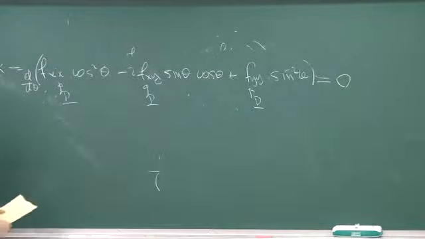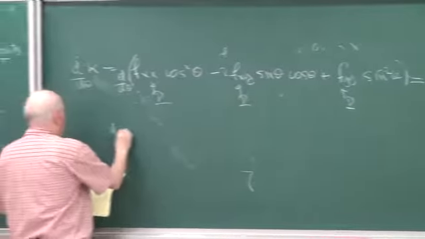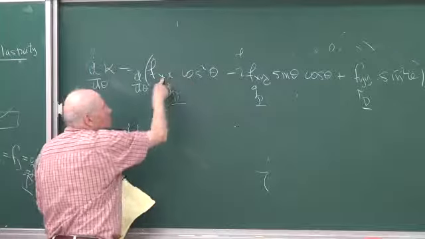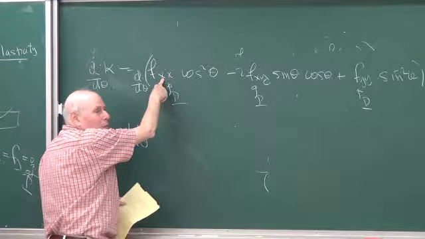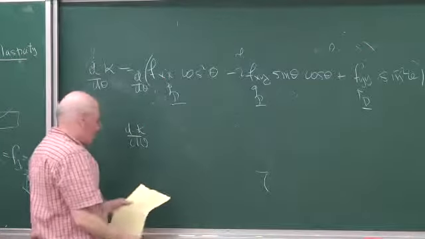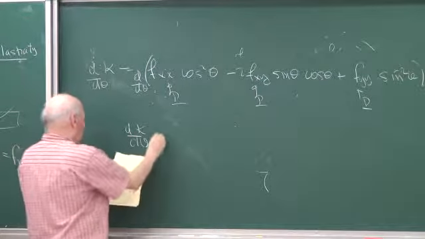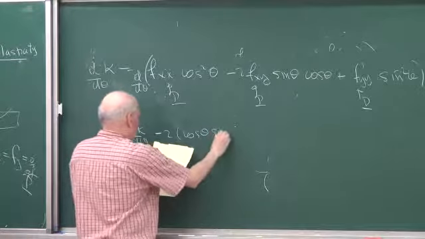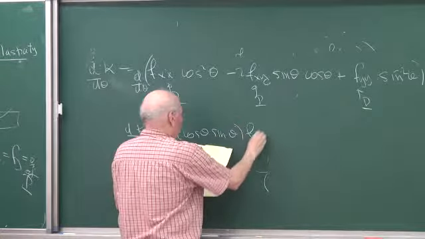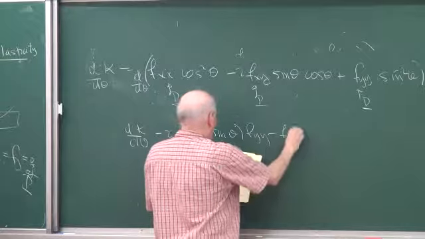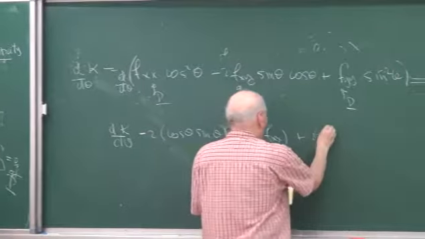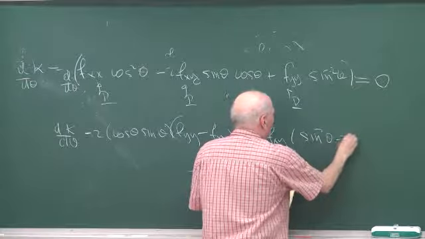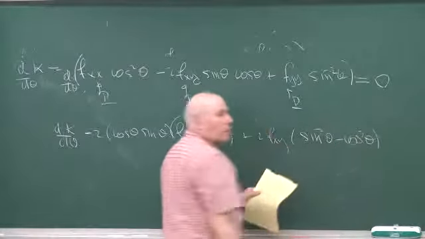You do that, and this one gives a 2 cosine sine, and then sine cosine, etc. So let me finish up, because people have to go. So it's 2 cosine theta sine theta times f sub yy minus f sub xx, plus 2 f sub xy times sine squared theta minus cosine squared theta.